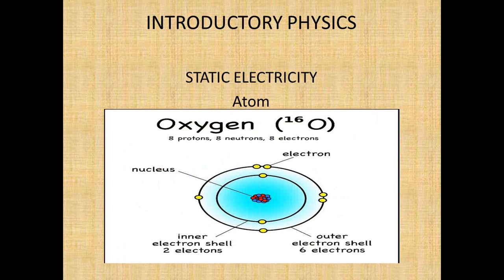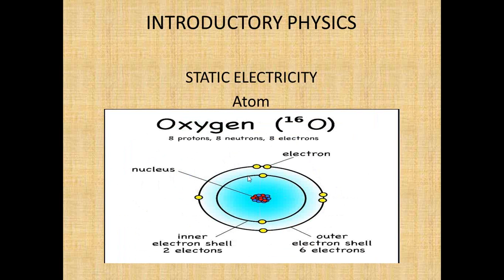So this is the carbon atom. Again, when we look at the oxygen atom, there is the densely packed nucleus, which contains protons which are positive, neutrons which are neutral, and then electrons in the different electron shells. It contains 8 protons in the nucleus, 8 neutrons, and then 8 electrons.